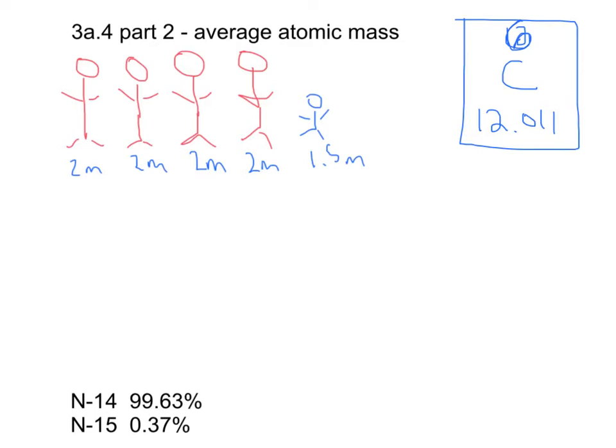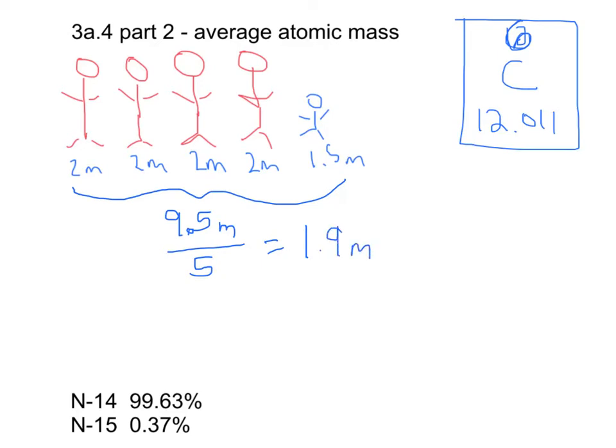Well, with a small number of numbers like this, you could simply add those up, and you of course get 9.5 as the total height, 9.5 meters, and we would divide by the number of numbers, 5, and we're going to get an average value of 1.9 meters.